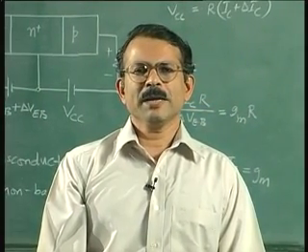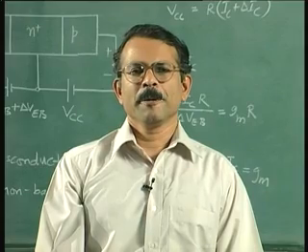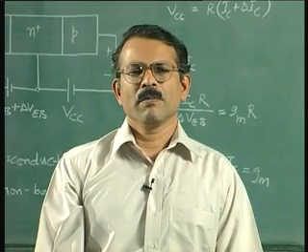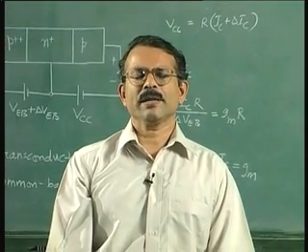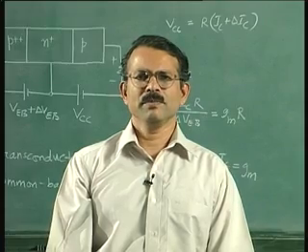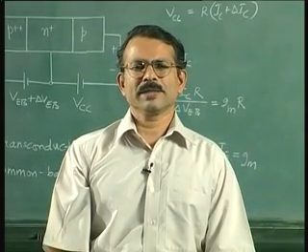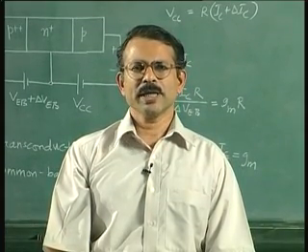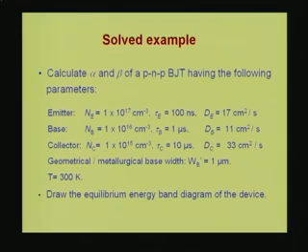Today let us begin by solving an example in which we calculate the values of alpha and beta, the two parameters that we have associated with the transistor action. The problem goes like this: calculate alpha and beta of a PNP BJT having the following parameters.